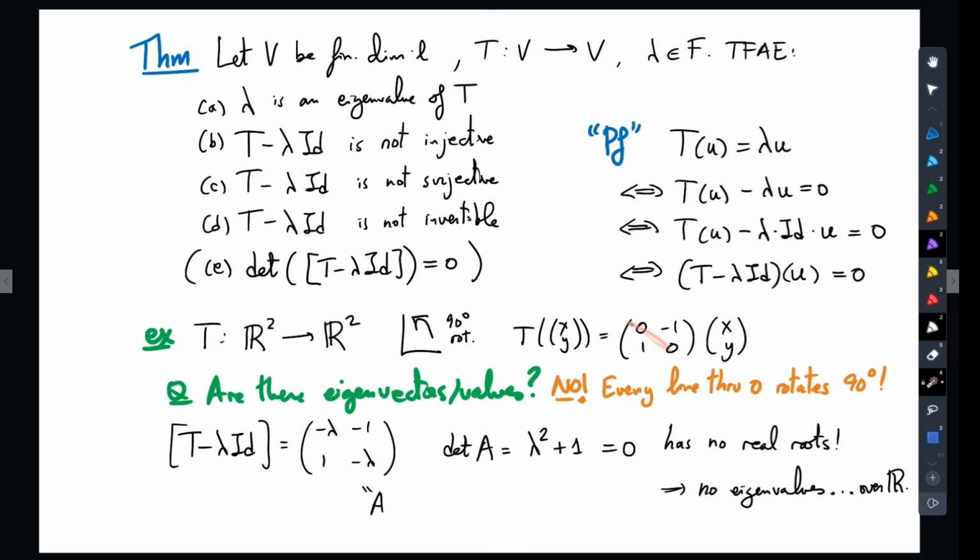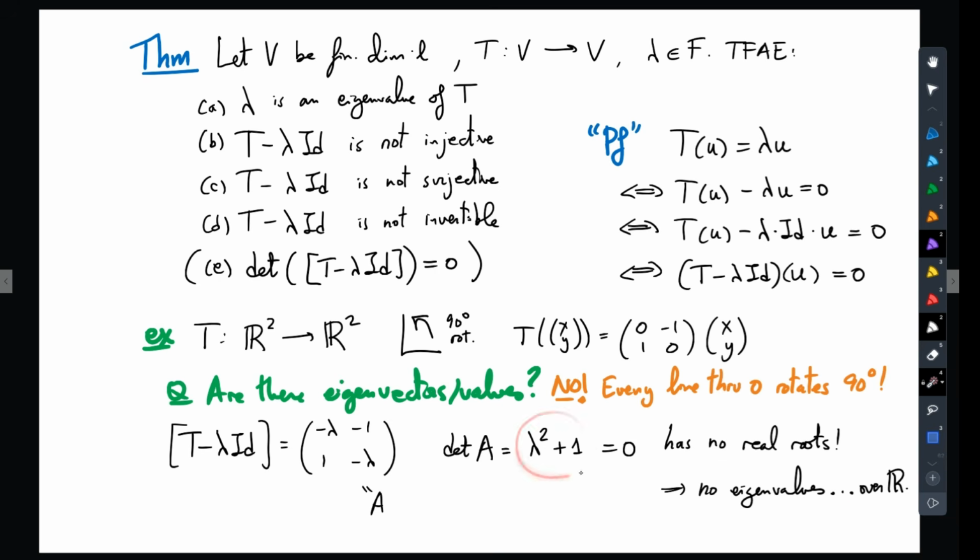That gives me minus lambdas on the diagonal. If there are any eigenvectors for lambda, then this matrix would have determinant 0. The determinant of this matrix is lambda squared plus 1. If this is 0, then there would be a real number lambda whose lambda squared plus 1 gives 0. So there are no real roots, and so there are no eigenvalues over the real numbers.